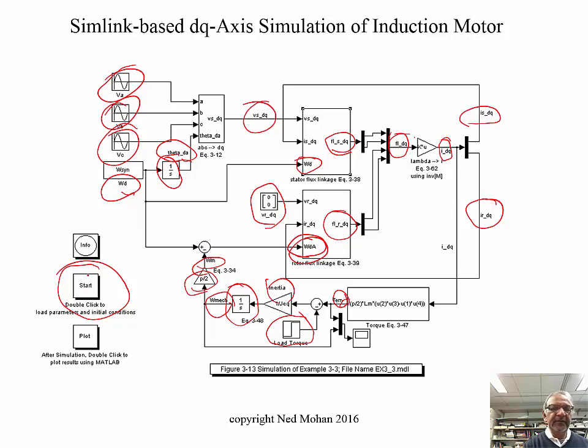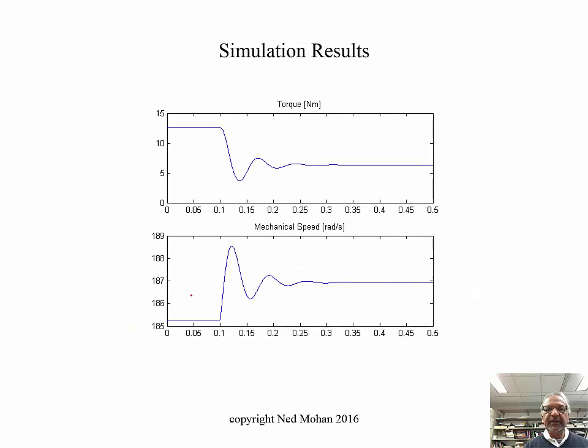We just need to start plot, and then all these results come out. So it becomes a very easy process, and it's a very good idea to see the result of a load torque disturbance.